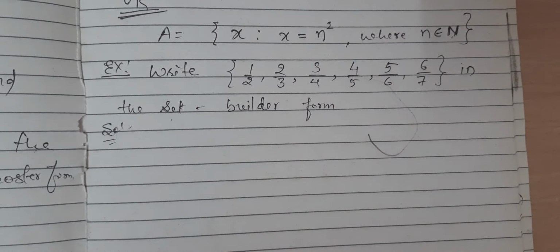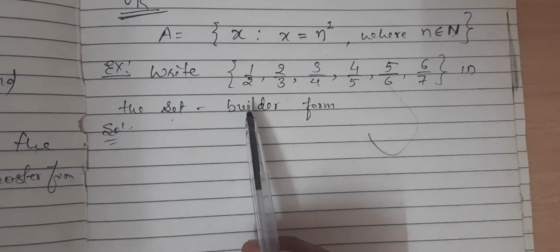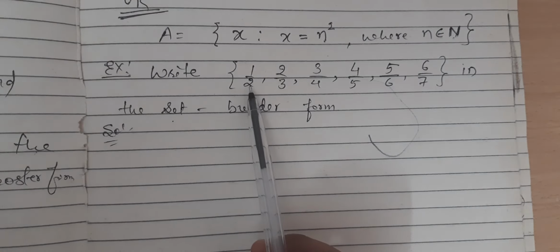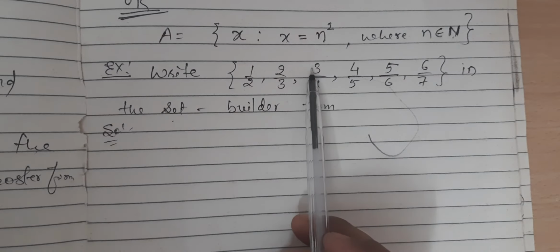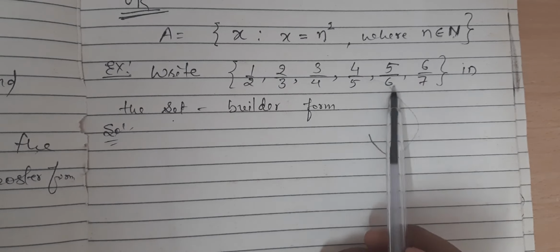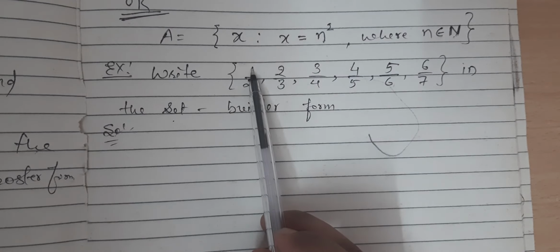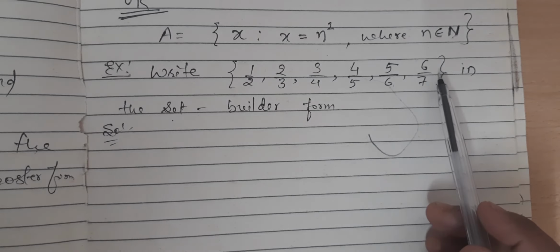When you observe, you will find that the numerator is always less than the denominator. The numerator of each number is 1 less than the denominator, and the number is starting from 1 and is less than or equal to 6.